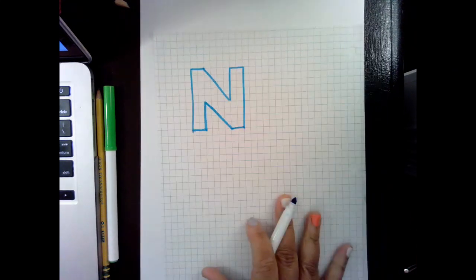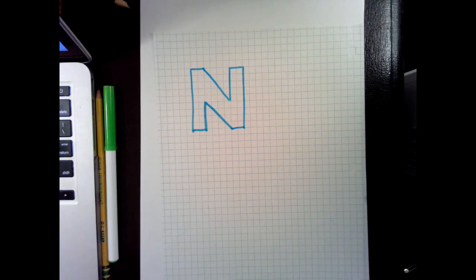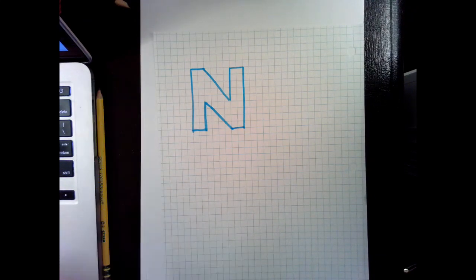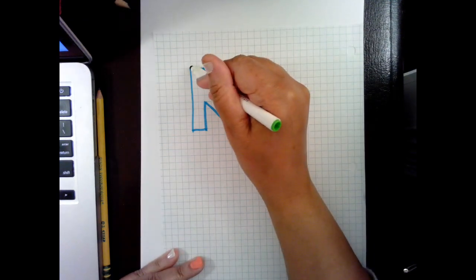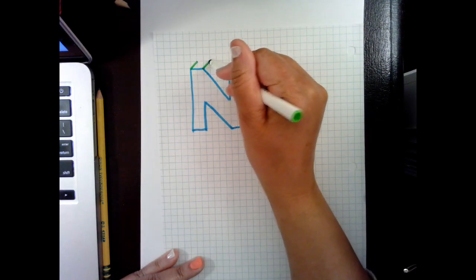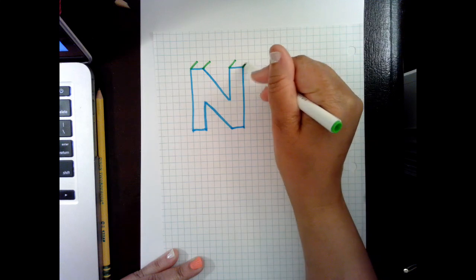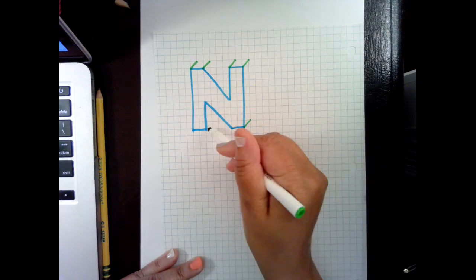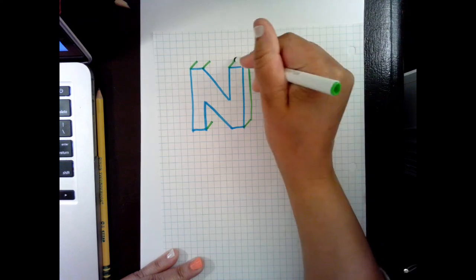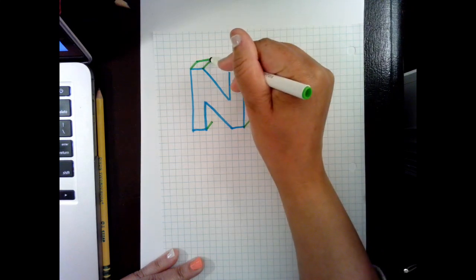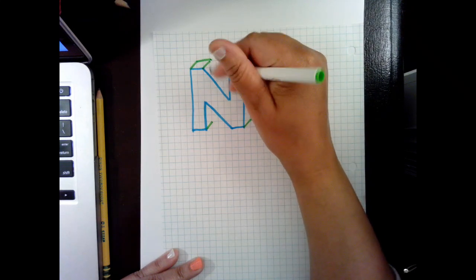All right. So let's say you had an N and you wanted to make it look three-dimensional. You're just going to do the same thing on all the edges. You're going to go line, line, line, line, line, line, connect, connect, connect. Now, this needs to connect somewhere.